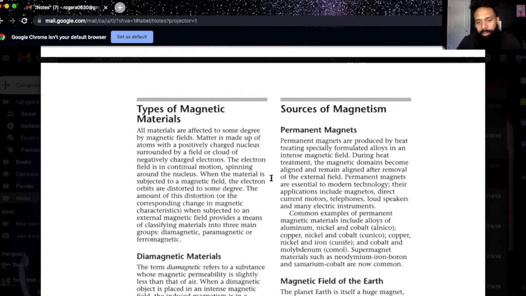Common examples of permanent magnet materials include alloys of aluminum, nickel, and cobalt; copper, nickel, and cobalt; copper, nickel, and iron; and cobalt and molybdenum. Supermagnet materials such as neodymium, iron, boron, and samarium cobalt are now common.